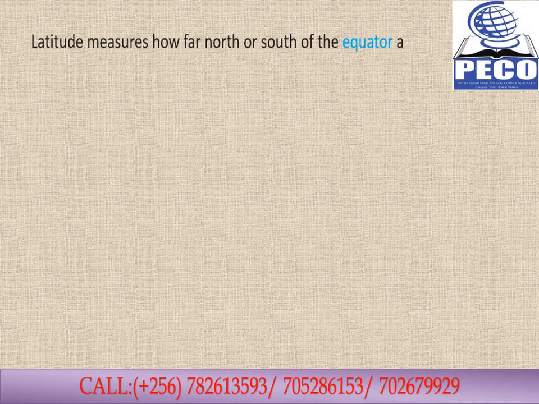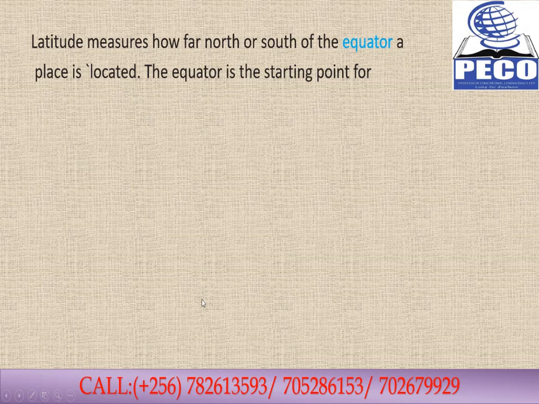So I've told you they are marked running from west to east or east to west, but their numbers are increasing either as you go north or as you go south. And the major latitude is the equator. So latitudes measure how far north or how far south of the equator a place is located.